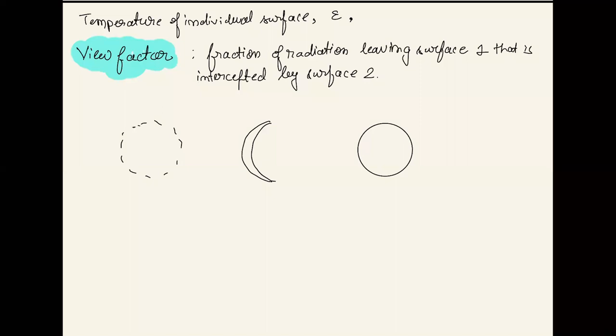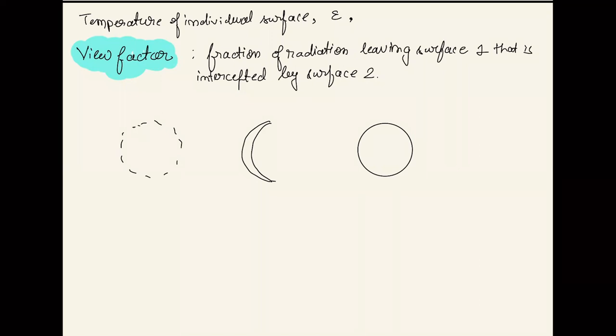Another example that I can tell you is, if in childhood you would have seen some sort of comics or comic serials, superhero serials, they used to send some electromagnetic radiations on the opponent, right, on the villain, and then the villain used to hide somewhere, or he used to change his position in such a way that his view factor becomes zero.